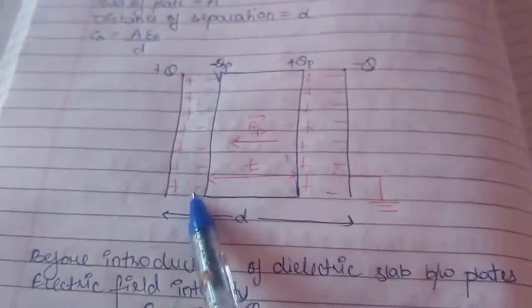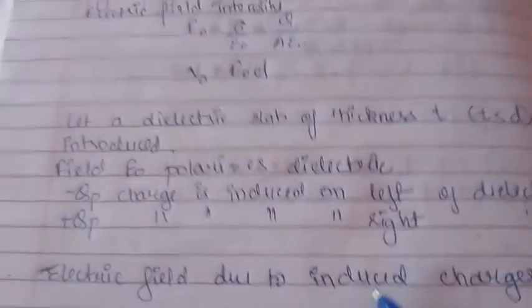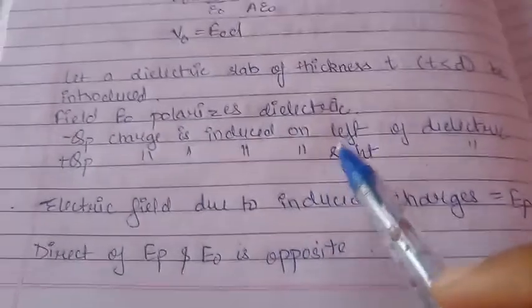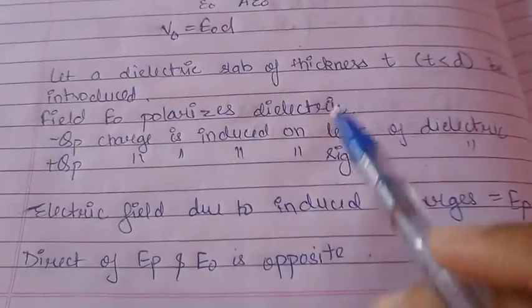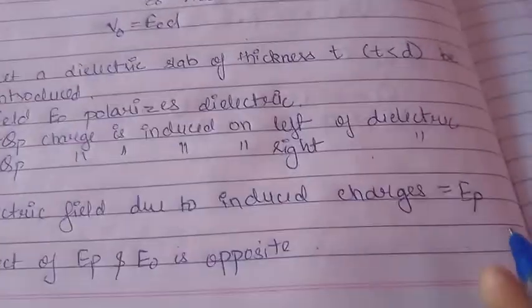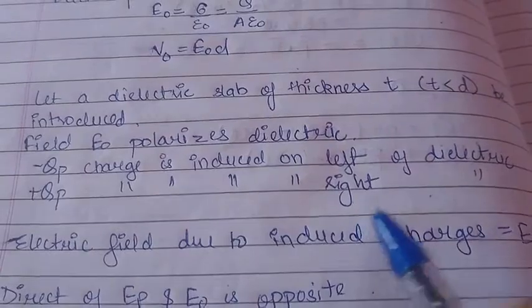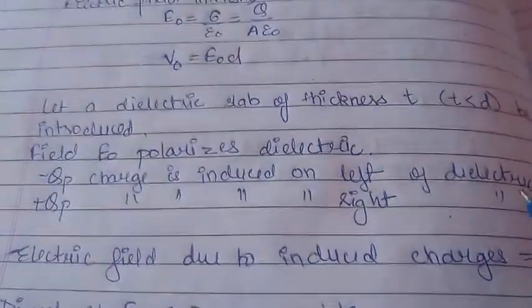The minus Q charge is induced on the left side and the plus Q charge is induced on the right side. The induced charges in the dielectric also produce a new electric field, which can be written as EP.